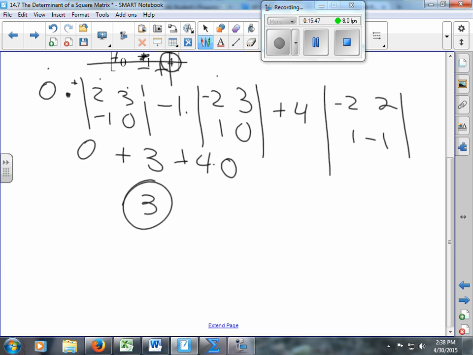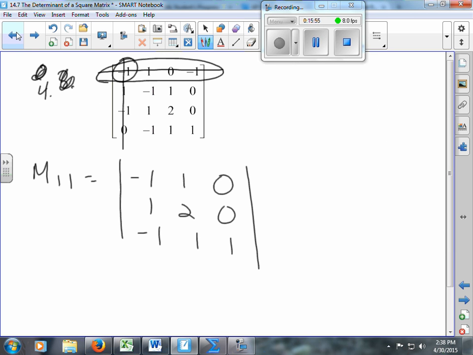So you can see that to do the determinant of a 3 by 3 matrix, that involves doing 3 2 by 2 matrices. All right, so let's go back to this example here where I was working on finding the minor of an element that's in a 4 by 4 matrix. So to find the minor of the 1 1 entry, I canceled its row and column, but I got a 3 by 3 matrix.